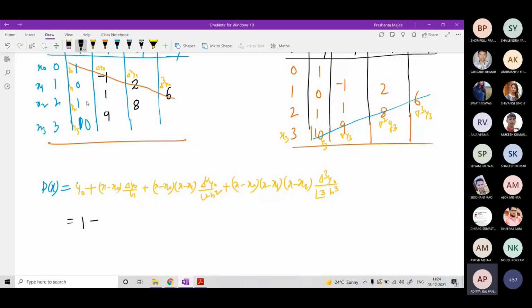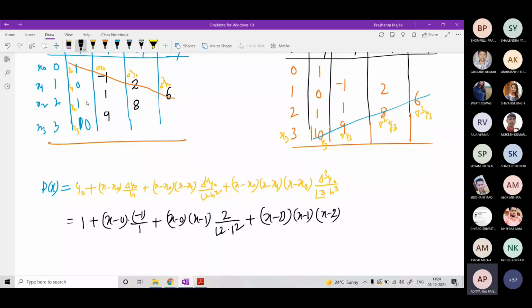1 plus (x minus 0) into del y naught, which is minus 1, h is 1, plus (x minus 0)(x minus 1), del square y naught is 2 by factorial 2, 1 square, plus (x minus 0)(x minus 1)(x minus 2), del cube y naught is 6, factorial 3, 1 cube.